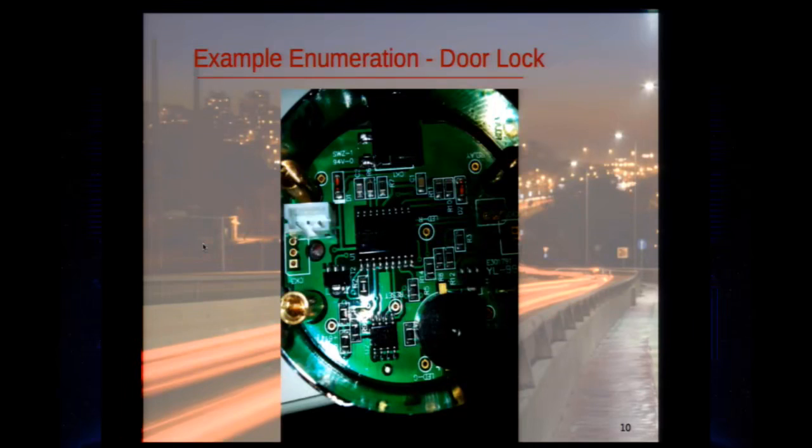So this is a door lock example. Right here at the top is an emergency power jack. I thought maybe it would be neat if I could get a glitching exploit working on it. Unfortunately, there is this little capacitor right here, which stopped me from getting successful with it.